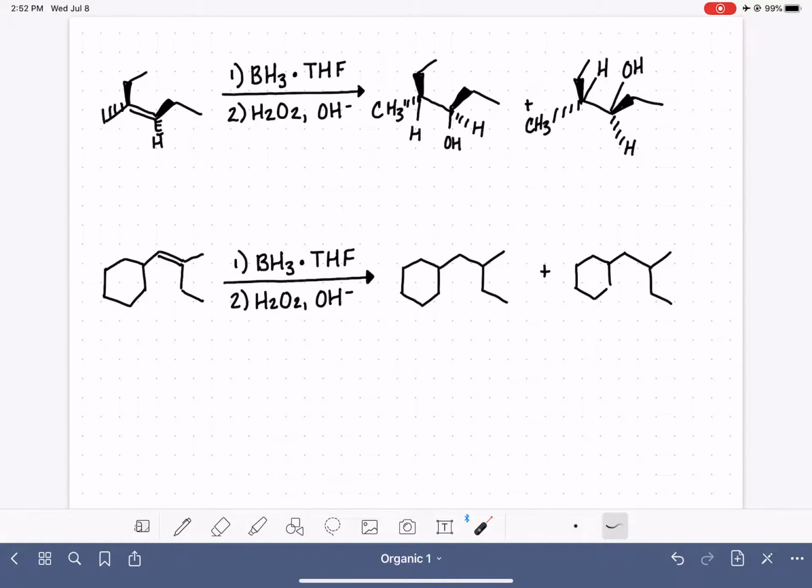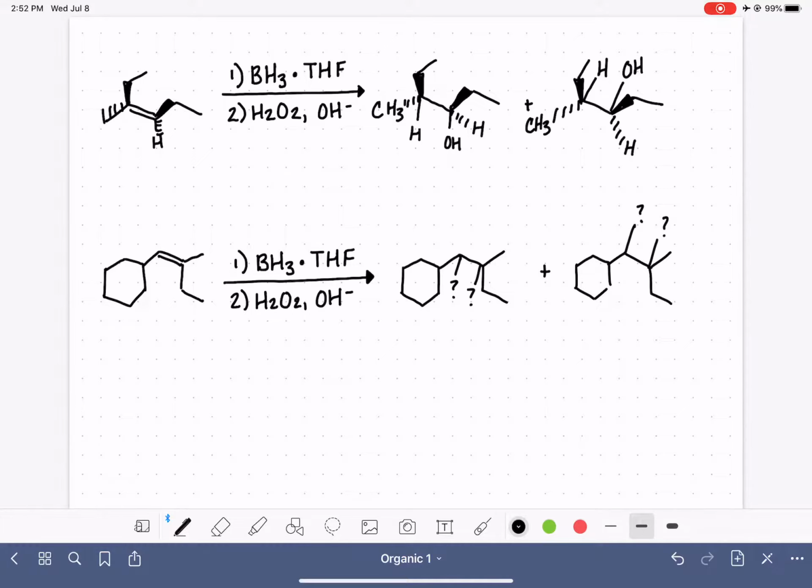Now, we know also that our H and our OH are going to be added syn. So let's draw one product where the H and the OH are sticking down and one where they're sticking up. So here's our double bond. Here's the carbons that we were working on. Let's draw one product where they're both sticking down, so they're going to be here, and one product where they're both sticking up, here and here.